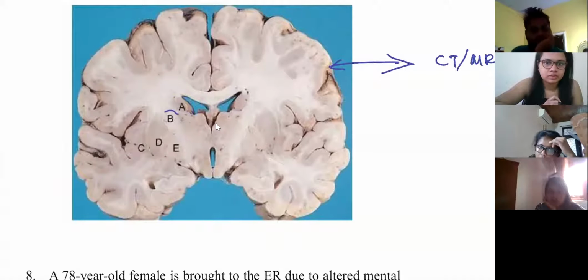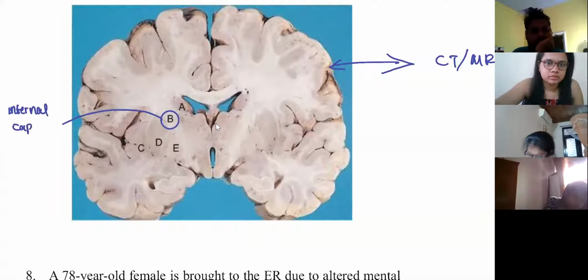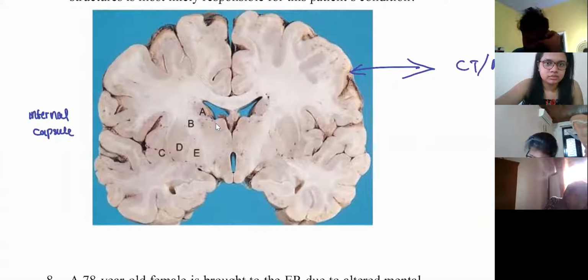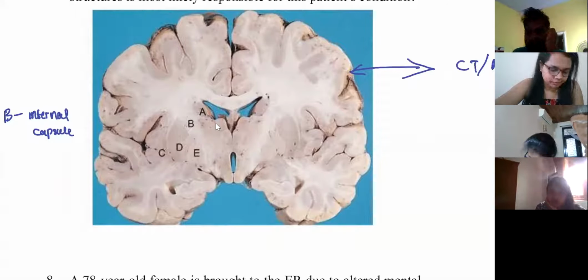If I tell you that B is the internal capsule, can someone guess? Just guess. What is A? Can someone guess and tell me what is A?